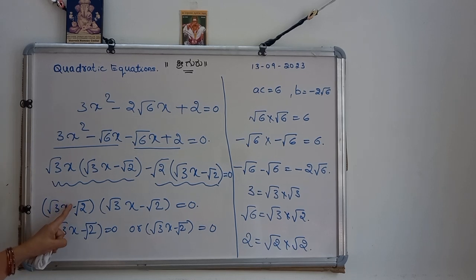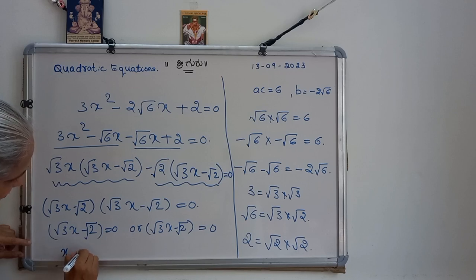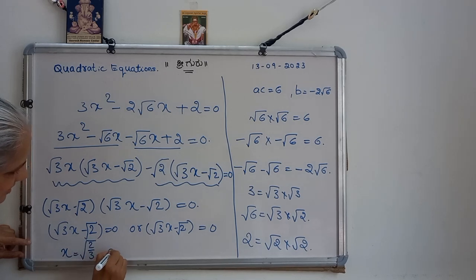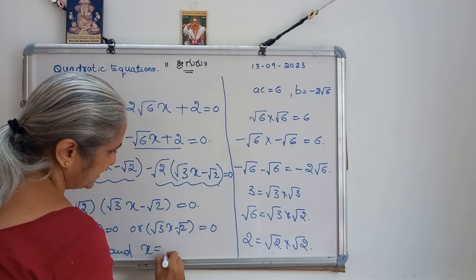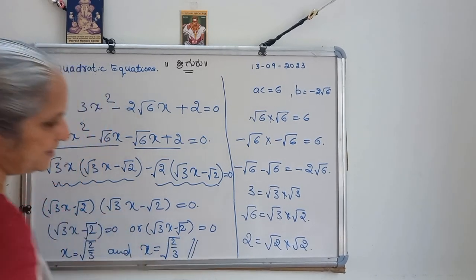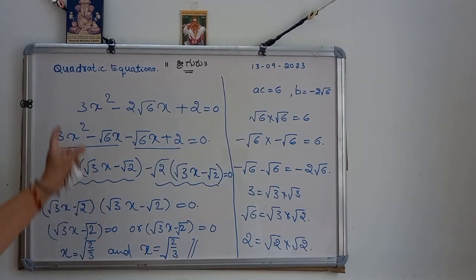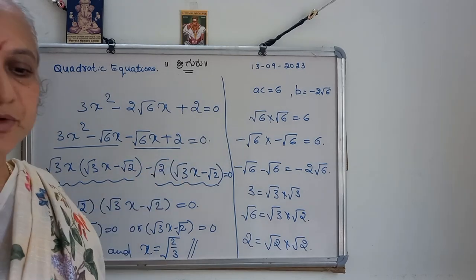Now is it clear? Don't forget to write the root sign here. Then x is equal to square root 2 upon 3 and x is equal to square root 2 upon 3. These are the roots of the equation 3x square minus 2 root 6x plus 2 is equal to 0.